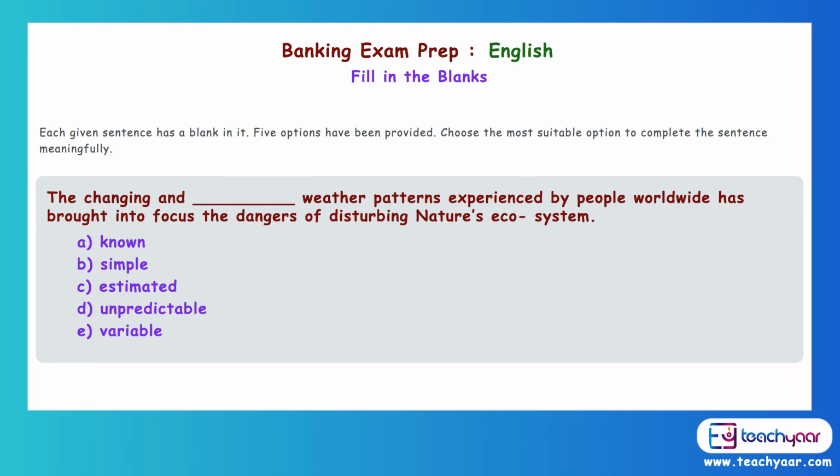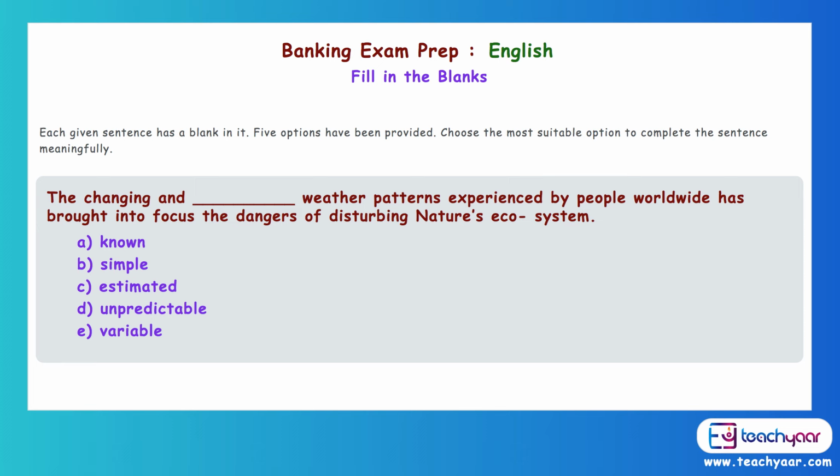So now let's look for the right word which will fit into this blank. So the changing and known weather patterns. Known weather pattern means you know what the weather pattern is going to be. The simple weather patterns, the estimated weather patterns, the unpredictable weather patterns, the variable weather patterns.